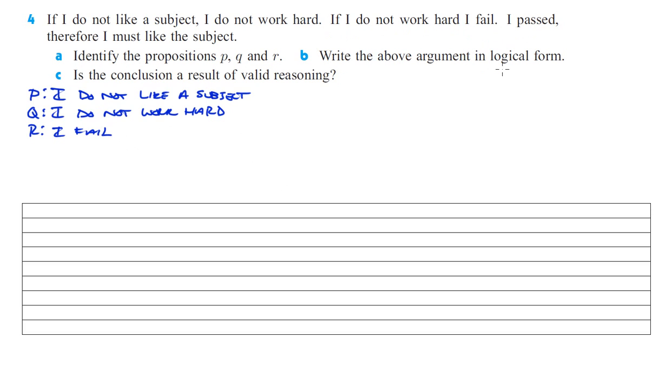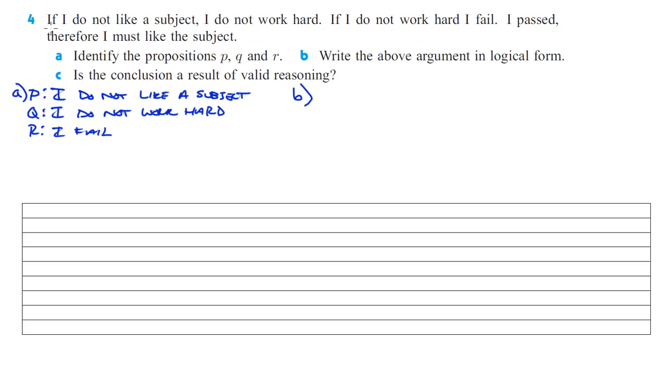Now we've got to write the above argument in logical form. Okay, so part B. This is part A. So, if I do not like a subject, I do not work hard. So the easiest way to try to figure out what goes in between here is replacing these with if-thens or ands or ors, and which one makes the most sense.